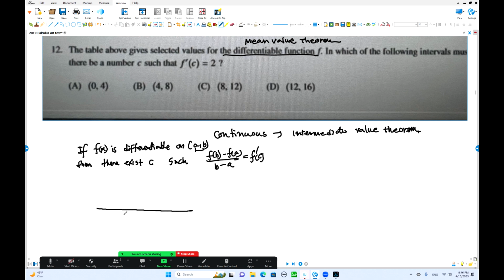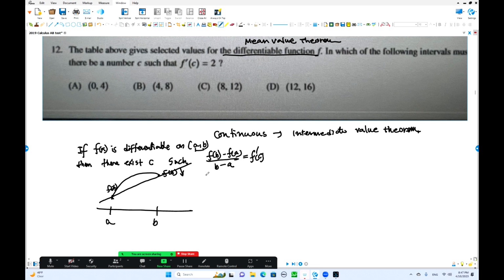If we have a and b, we have 2 points over here. This is f of b, this is f of a, this is the value of y, okay? If we have a graph over here, differentiable means what? A smooth line, okay? So f of b minus f of a over b minus a is what?